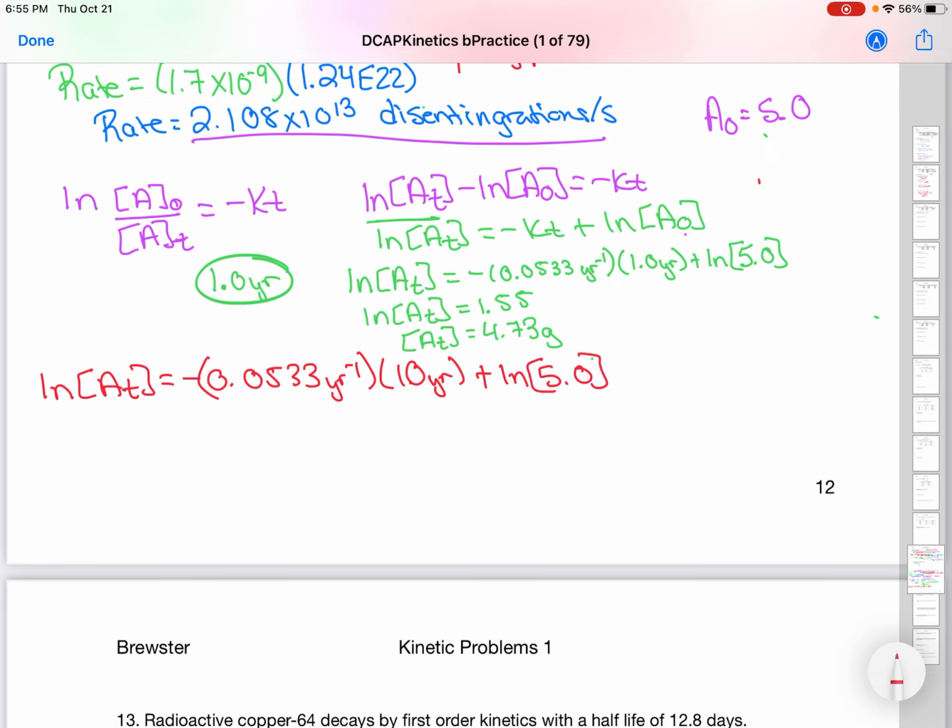And I'll leave that to you to solve, as you saw in my notes. Real quick thinking here, it's got to be less than 4.7. And so I will tell you that for the 10 year, hopefully you get 2.9 grams. And then when you do the 100 year, it's got to be much, much less. And hopefully you get like 0.024 grams. Okay. And that's your homework help.